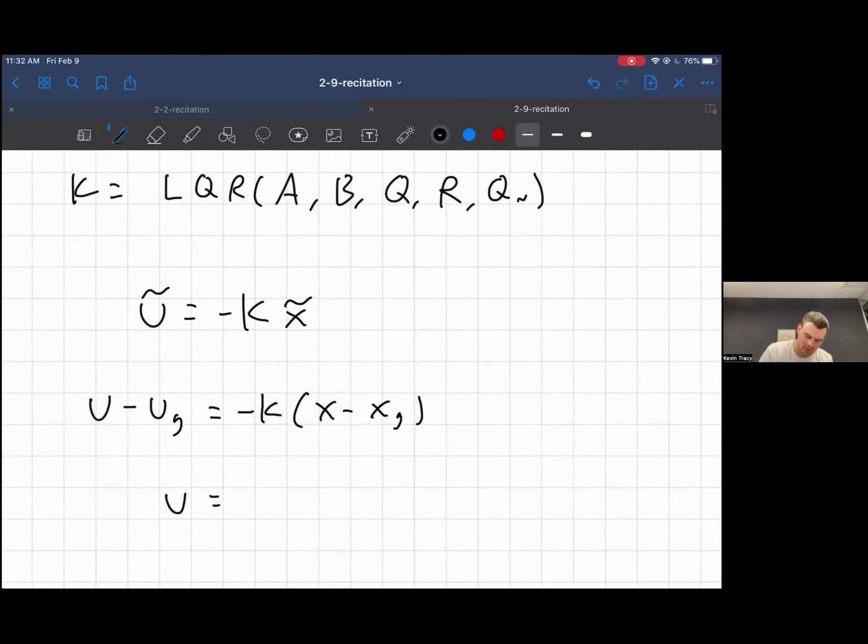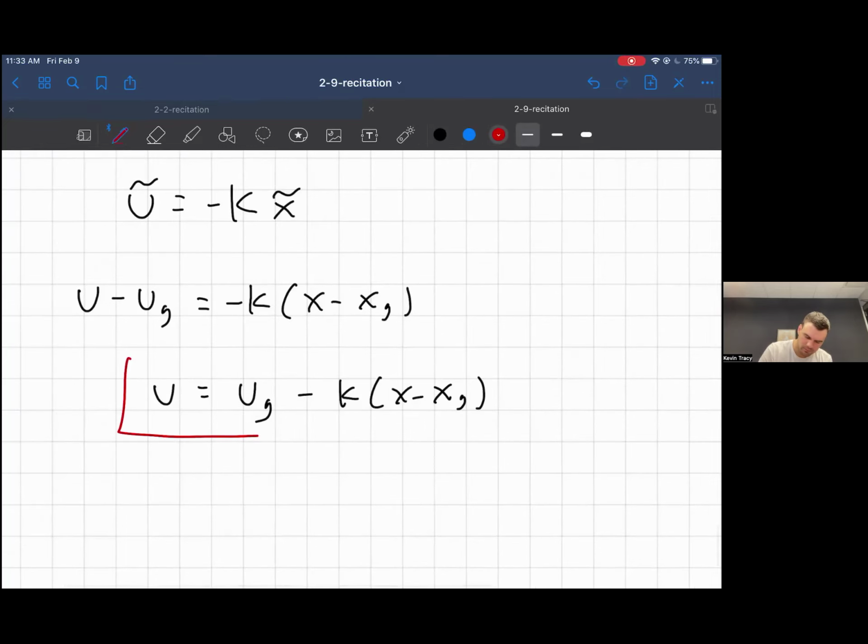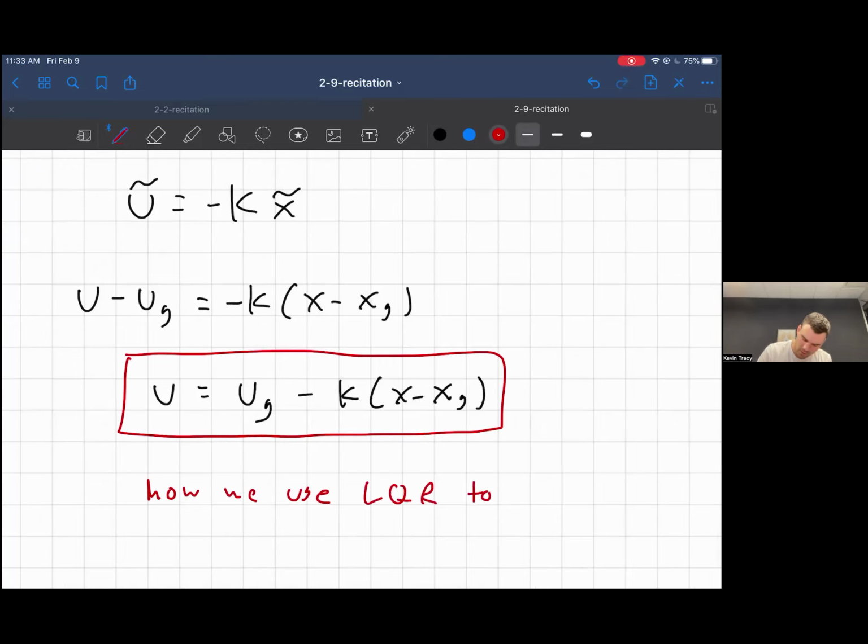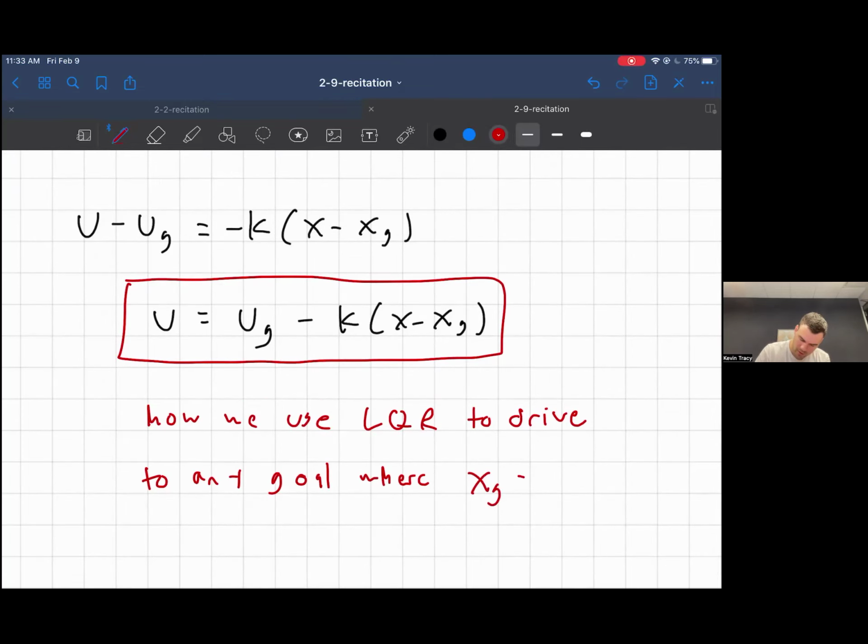So our actual policy is u equals u goal minus K times (x minus x goal), and this is how we use any goal or X goal.